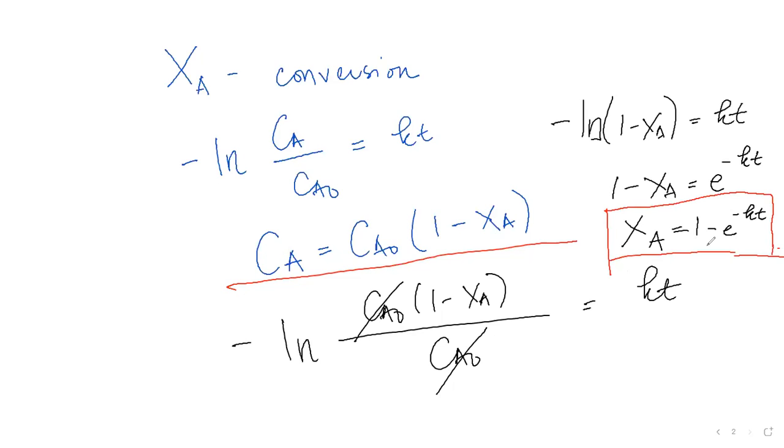So for a first order unimolecular type of reaction, of course elementary, you have now a formula that solves for the conversion as a function of time. The key to this formula is this particular equation: the amount of A present after some time expressed in terms of conversion, that's your Xa.